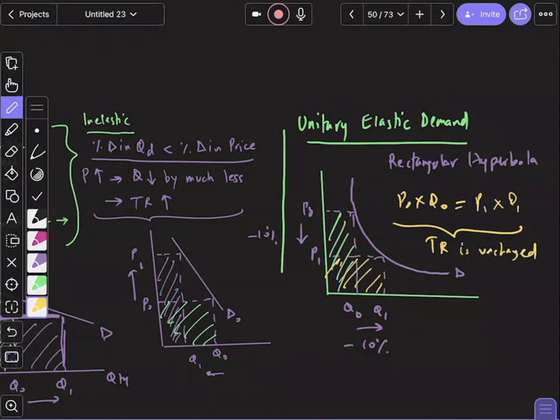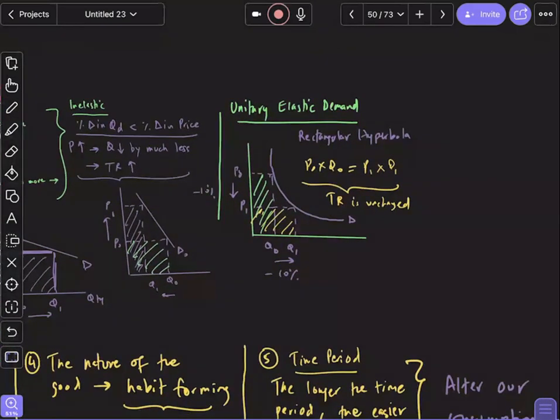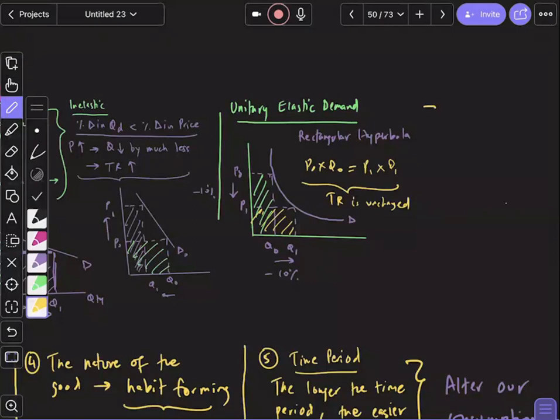Got it? And that's why in this case, if you know you have a unitary elastic good, then a change in price won't change revenue.